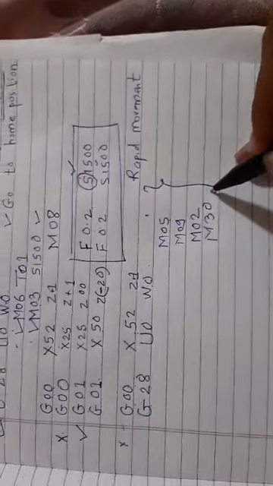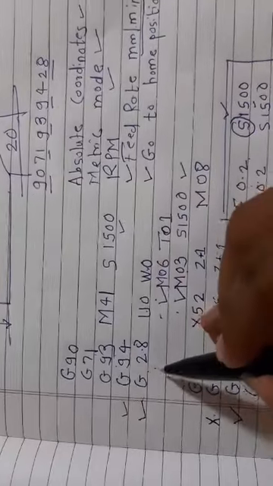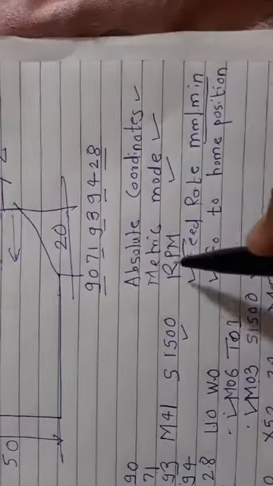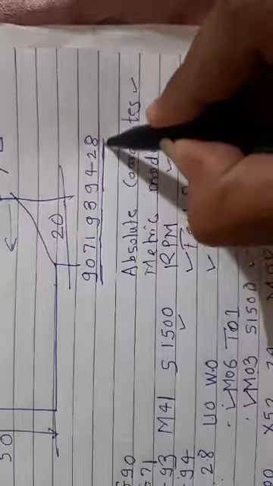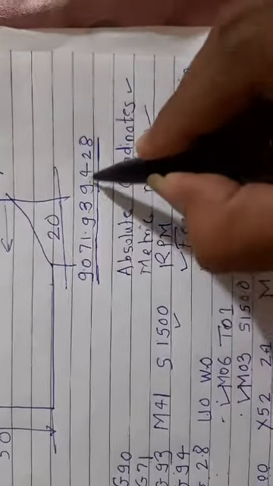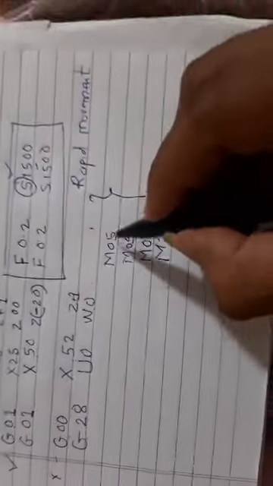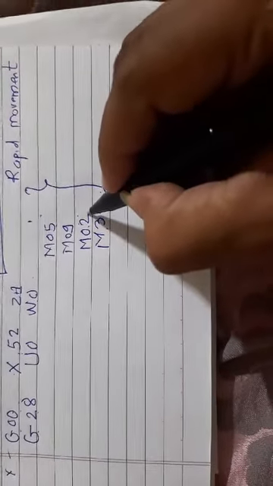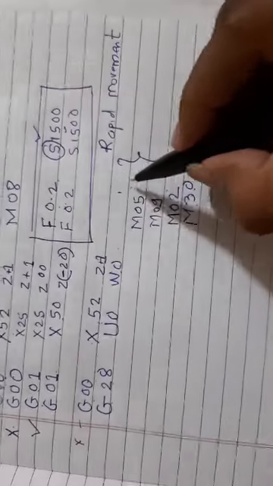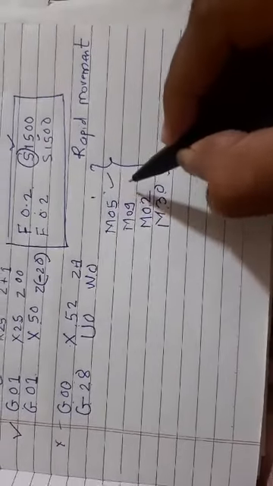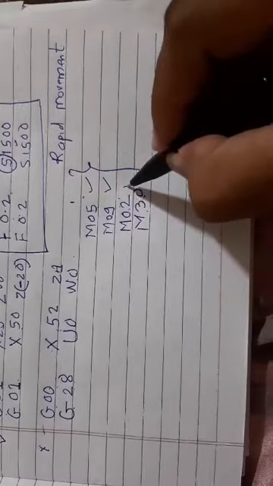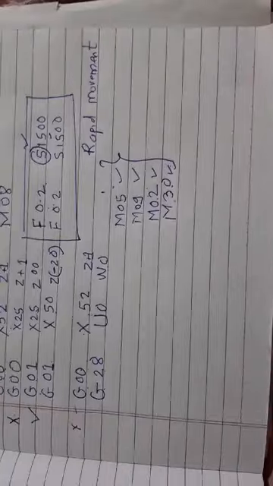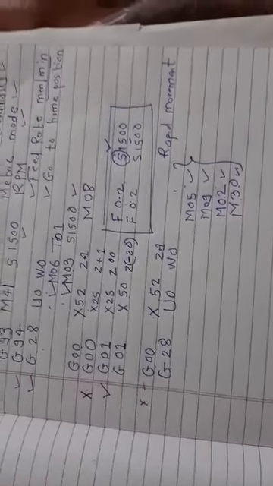So the last 5 steps and initial 5 steps are common for writing a part program. So for remembering the initial steps, you remember these 5 numbers, and you remember these 4 M codes: 05, 09, 02 and 30. This is for stopping the spindle, stop the coolant, end of the program, and rewind the program. So in this way you can write a simple part program.